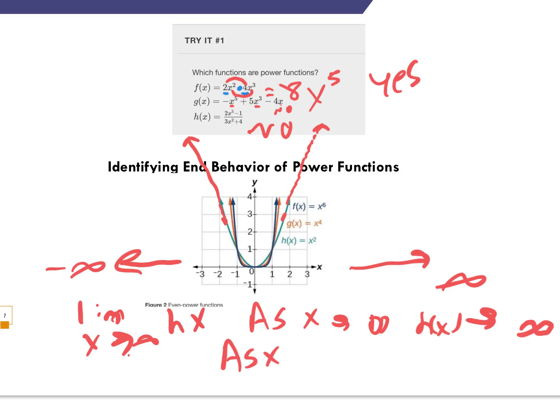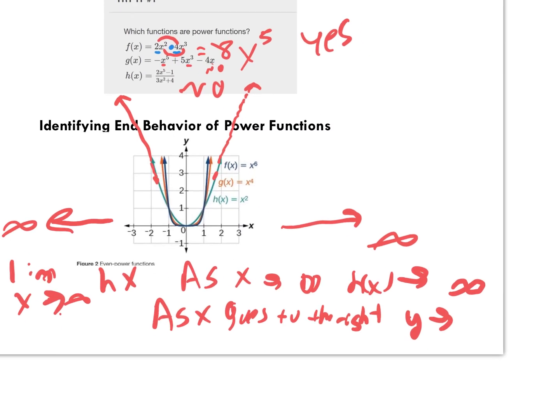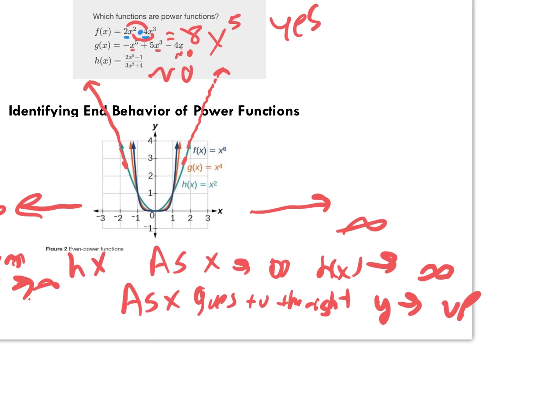As x goes to the right, y goes up. And we could get fancy and say it goes up forever, goes to the right forever.